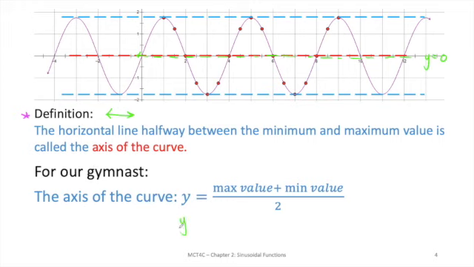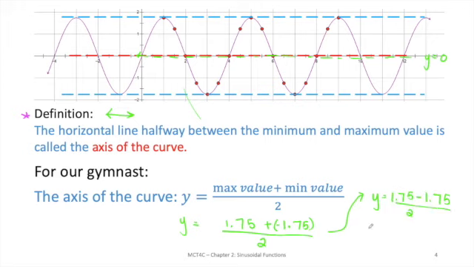So your axis of your curve is going to be a y equals. You're going to do your max value plus your minimum value and divide it by 2. So our maximum value is 1.75 plus our minimum value, which is negative 1.75. Make sure you put that in brackets because we don't like the plus and negative beside each other, then divided by 2. So then you're going to get 1.75 minus 1.75 divided by 2.